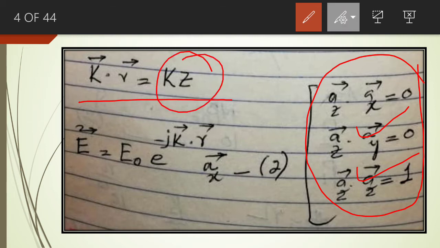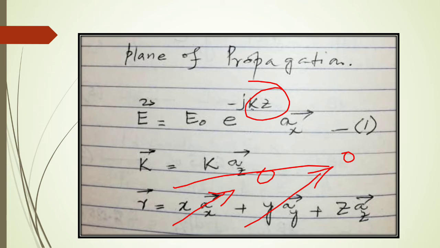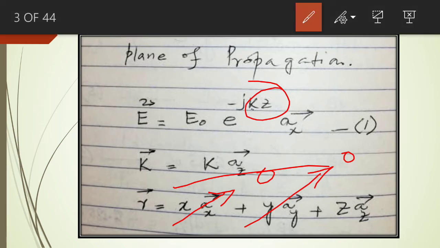So we consider equation number 1 and we replace kz in equation number 1 by k dot r. Why?